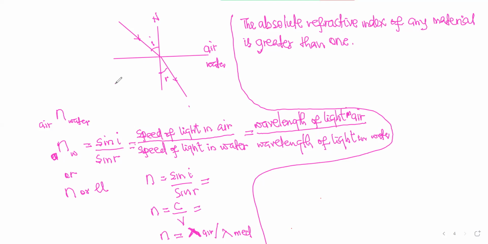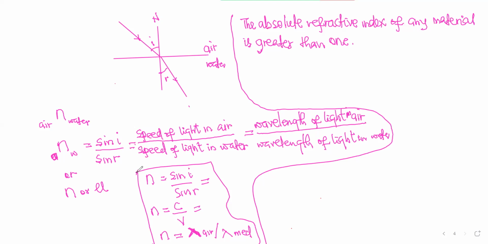And so we can determine absolute refractive index, which is the measure of the extent of bending, in terms of direction, speed, and wavelength. That is why I've given you all these three formulas for absolute refractive index.